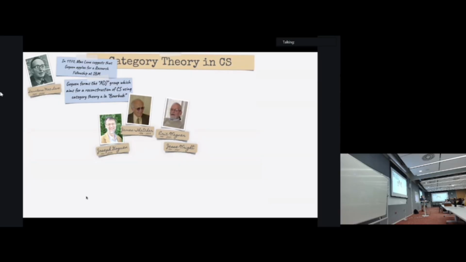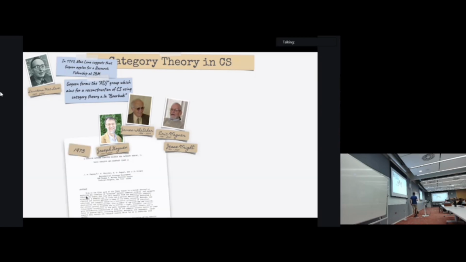Bourbaki, the story goes, is a pen name for a collection of French writers who rewrote a lot of mathematics at that time into a coherent foundational principle that we use a lot of today. And so they wanted to rewrite a lot of the foundations as well.